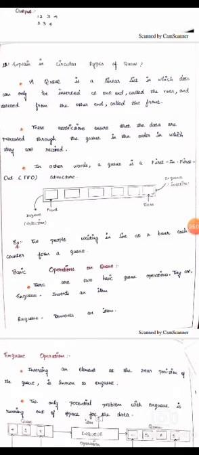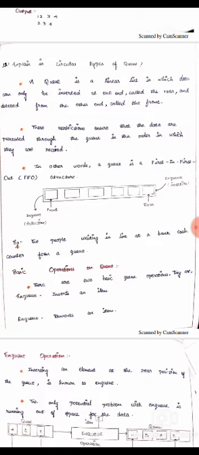Here the restriction ensures that the data are processed through the queue in the order in which they are received. So this condition is checked. In other words, a queue is also called first in, first out, as we already saw. An example: the people waiting in a line at a bank cash counter form a queue.